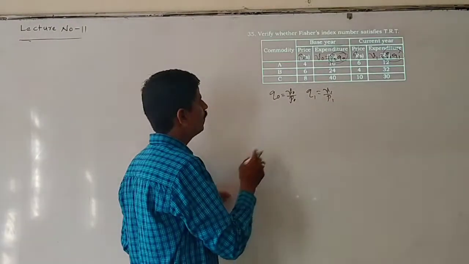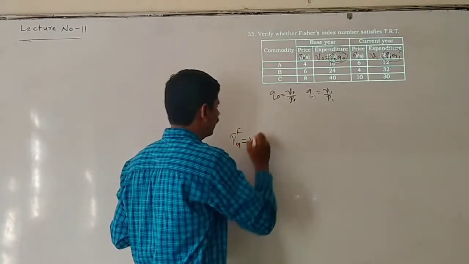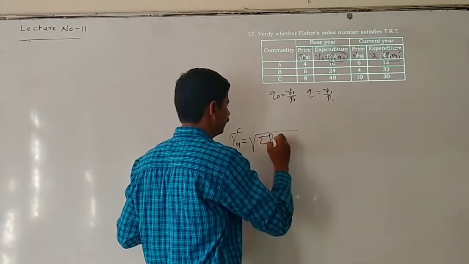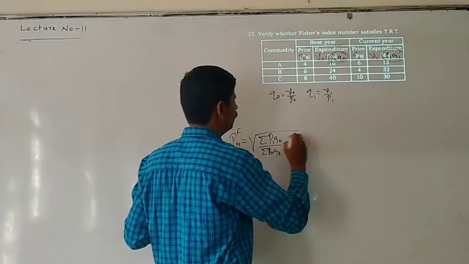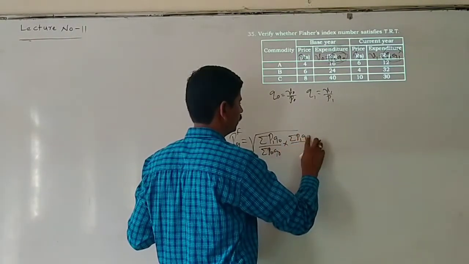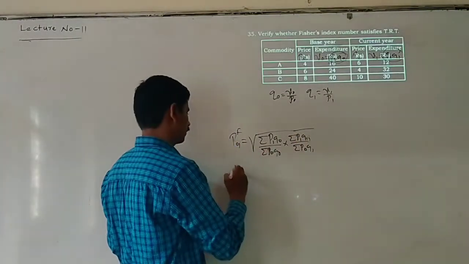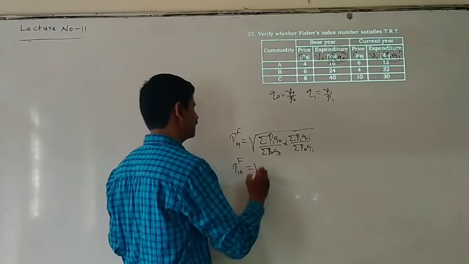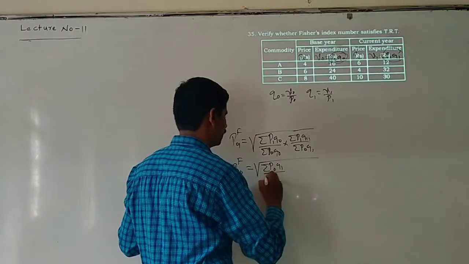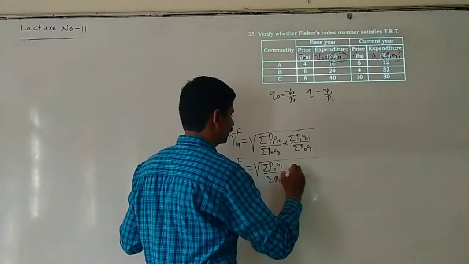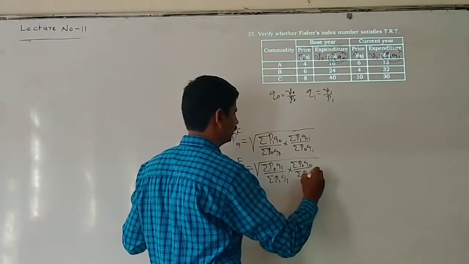Okay, apply the Fisher's ideal index number formula, that is P01 F equal to under root of sum of P1 Q0 by sum of P0 Q0 into sum of P1 Q1 by sum of P0 Q1. Okay, next P10 F. Exchange base year and current year, current year and base year: sum of P0 Q1 by sum of P1 Q1 into sum of P0 Q0 by sum of P1 Q0.